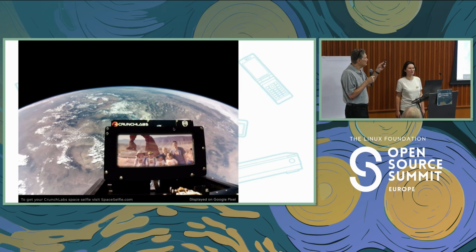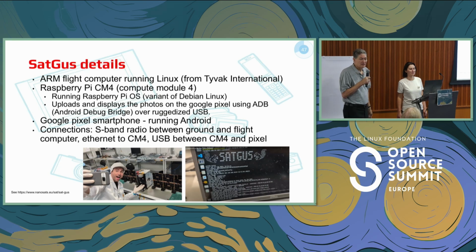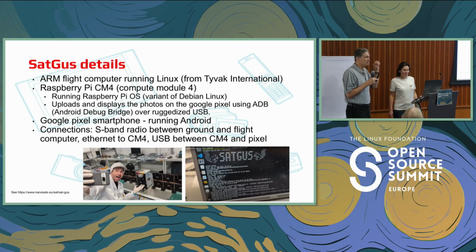But the reason I brought this up is this is a satellite called SelfieSat or SatGus. It's running Linux, and it's actually running 5 instances of Linux, and it's using an ARM flight computer from Tyvak International that's running Linux. Because they were paranoid about fault tolerance, they actually have 2 complete stacks.